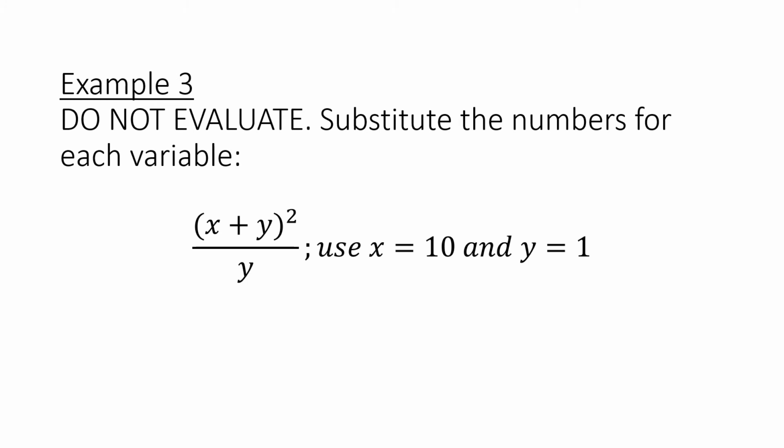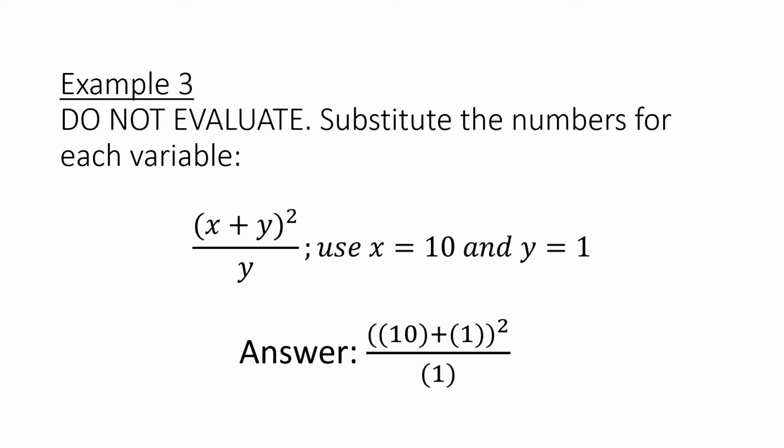All right, example 3. Once again, we're not evaluating. We're using parentheses when we substitute in our numbers for each of the variables. And so we have x plus y in parentheses, that's raised to the power of 2. All of that is being divided by y. So our first step is just substitution.